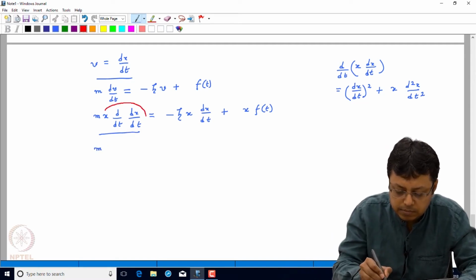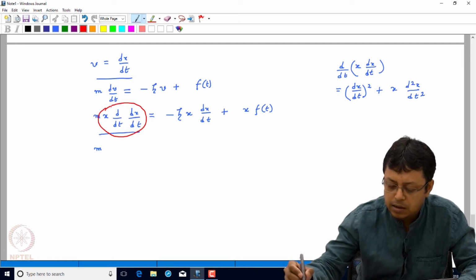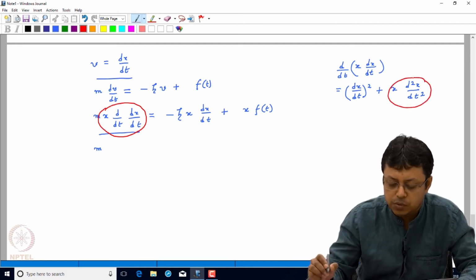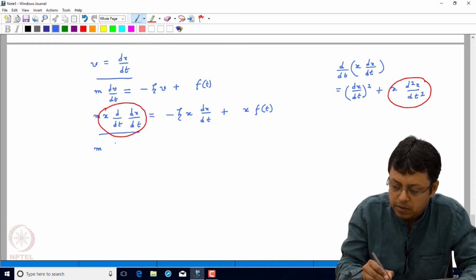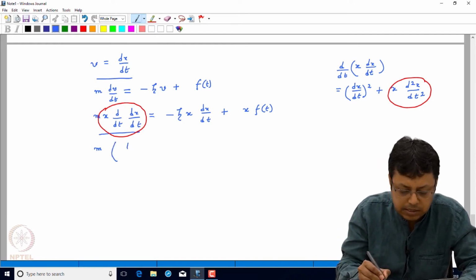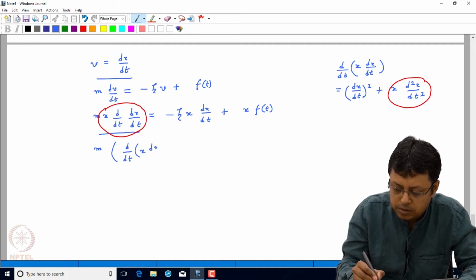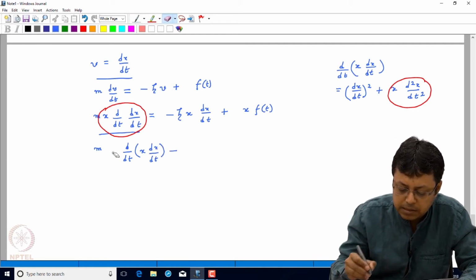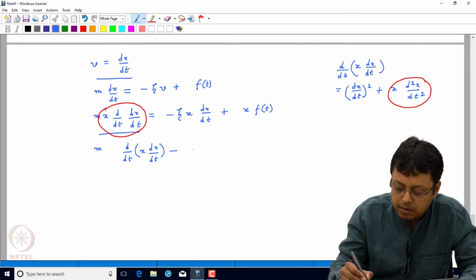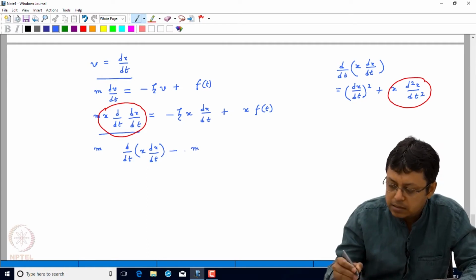This term, x into d dt of dx dt, is nothing but x into d2x dt2, so we can replace it and write it as d dt of x into dx dt minus dx dt squared. I am just multiplying by the mass, not keeping it within the bracket.